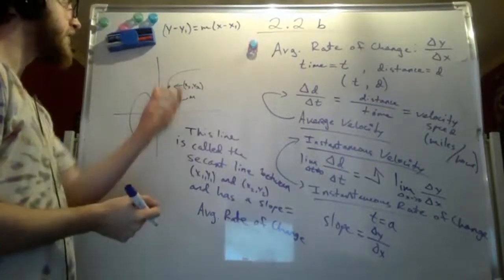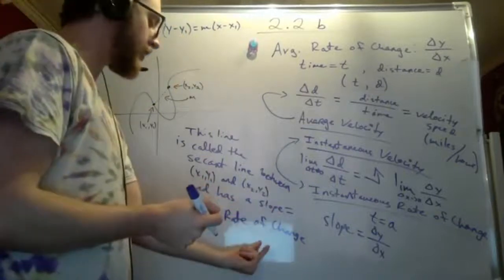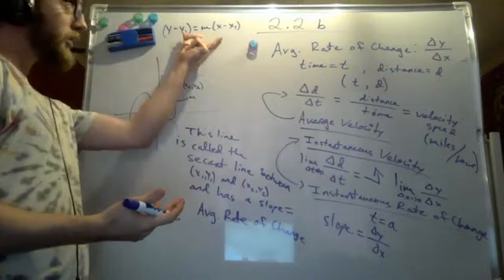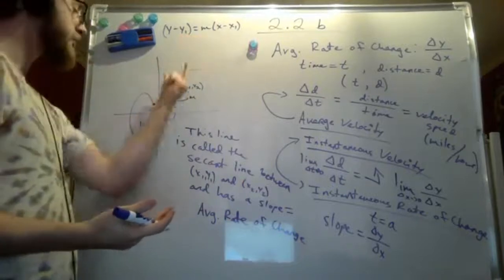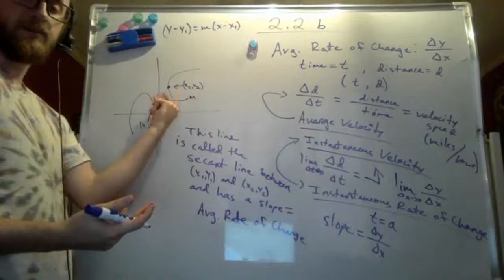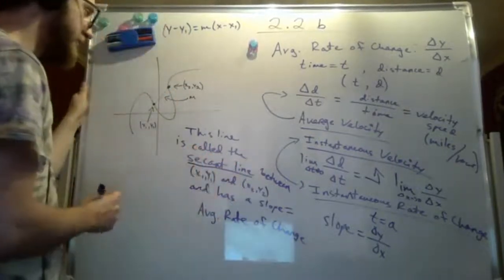So use this equation, find your slope, take either of these points, whichever one you prefer, plug it into this equation, and that's going to give you the equation for this secant line. So that's what a secant line is. That's one of our definition terms.